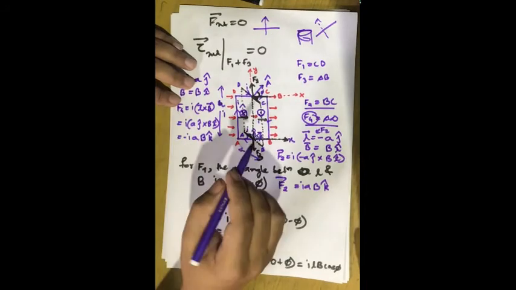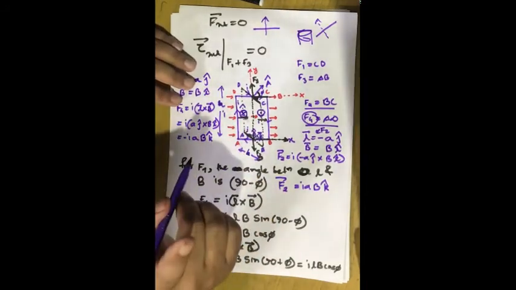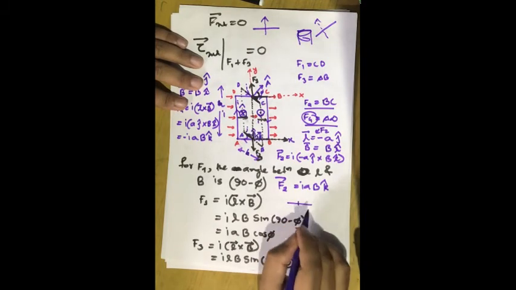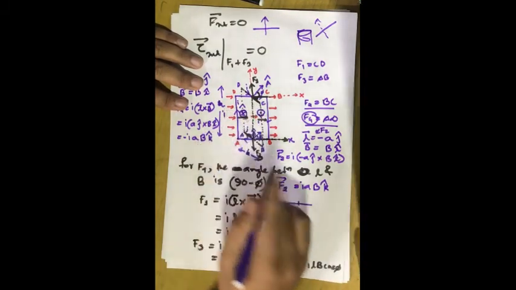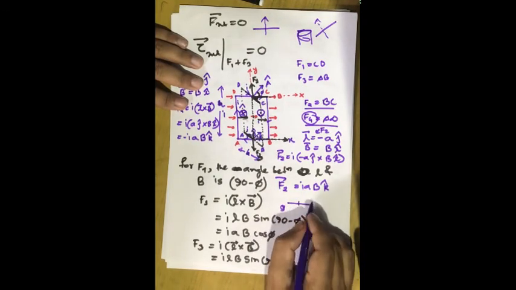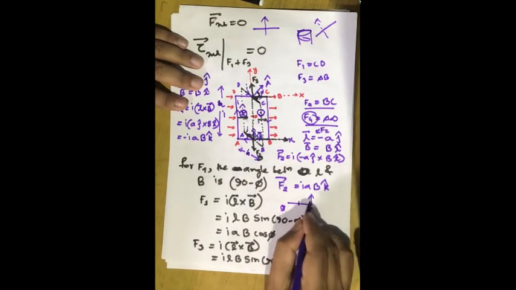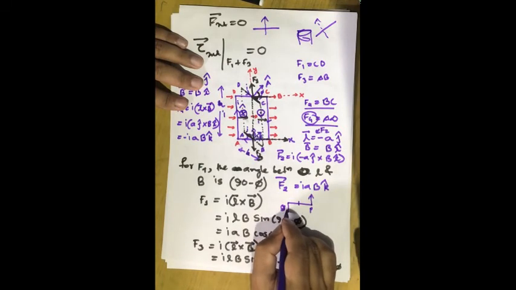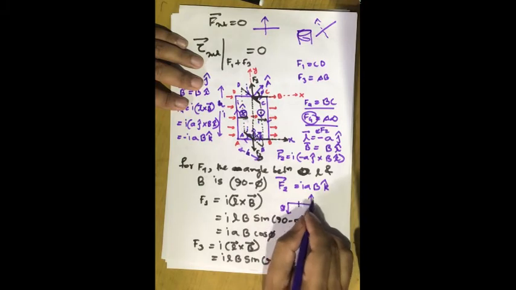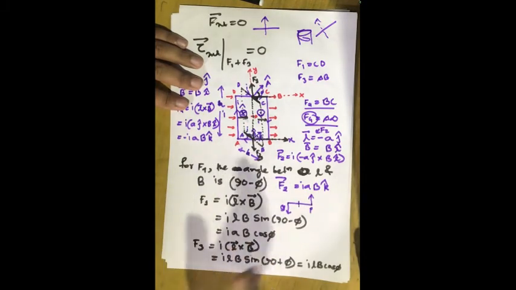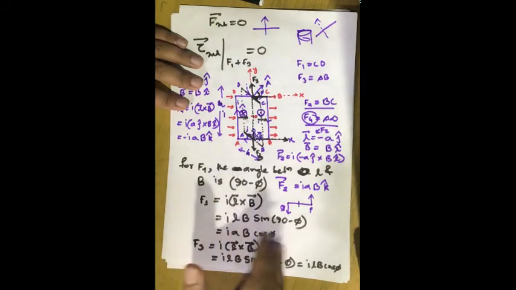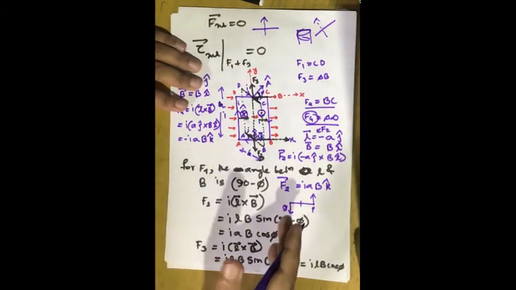But the thing is that their lines of action will not be the same. For example, if this is a point P and this is a point Q, then one force is along this direction and another force is along that direction. So these two forces will try to produce a torque, and that torque will be responsible for rotation of the current loop in its plane.